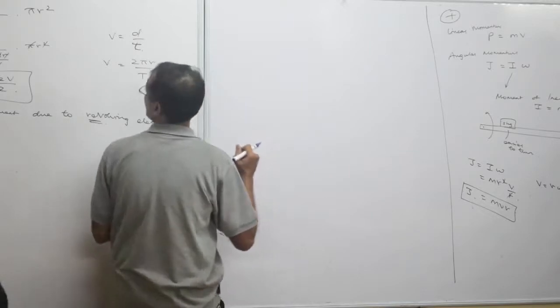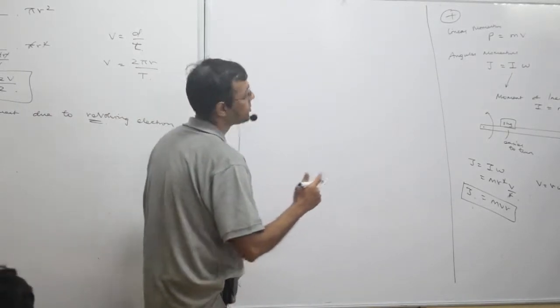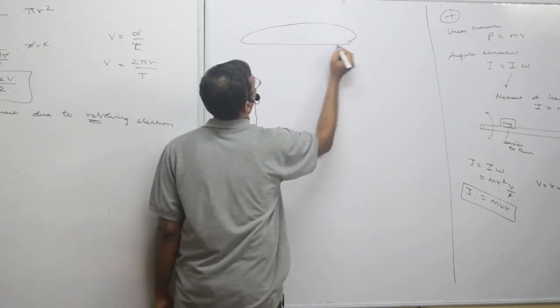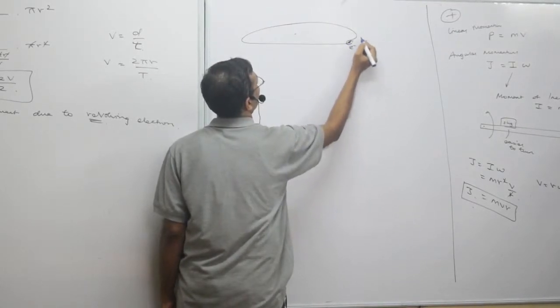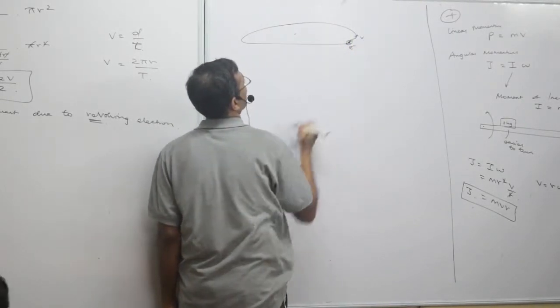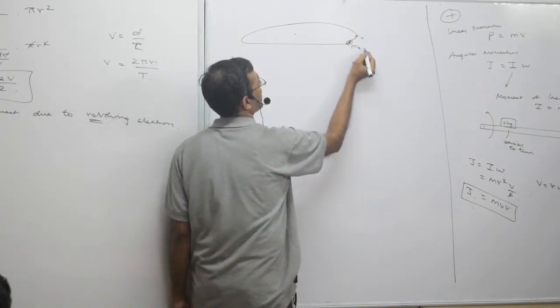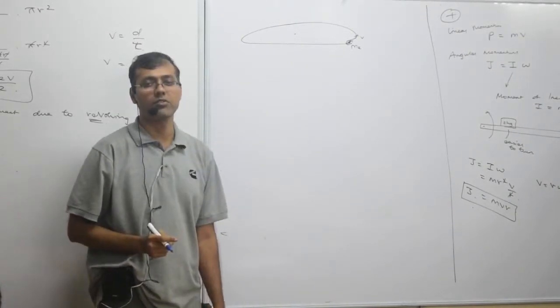However, since we are talking about this one, we want to find the gyromagnetic ratio. So the electron is spinning around like this, with velocity v. Let's say the mass of the electron is me. The reason I'm putting the e is because it's the mass of electron.